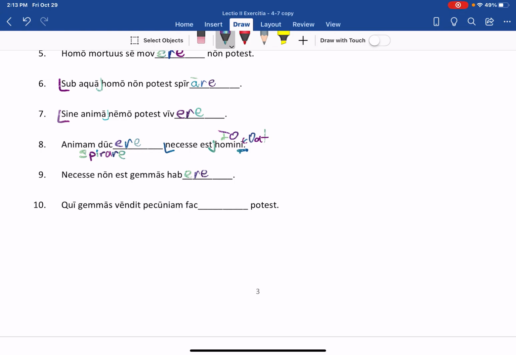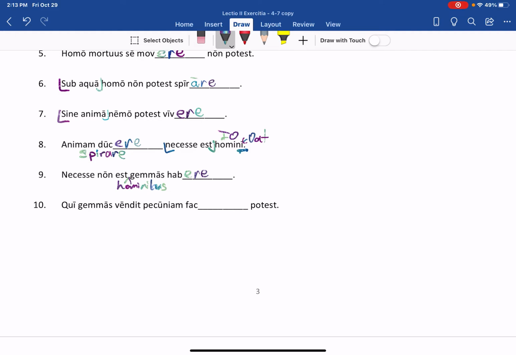So we intuit that number 9 is saying, necesse non est hominibus gemas habere, which is why the indirect object is not written there, because in the context it's clear that we're saying it is not necessary for humans to have gems.